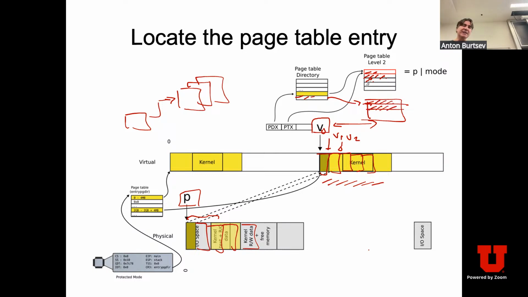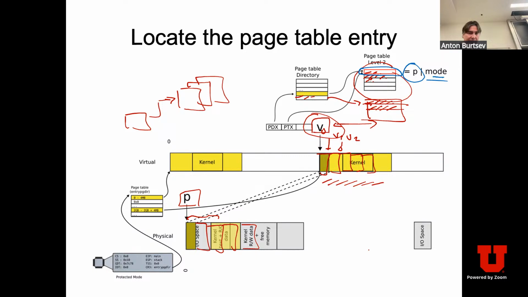But for each of these entries, when you have a virtual address, you walk the page table, make sure that the second level is allocated. Let me change the color here to blue. I will figure out the address of this entry in the page table. Think of a page table as an array. You want to update the element of this array. And what you want to write there is a physical address plus some permission bits, right? Agree? So that's the high level.